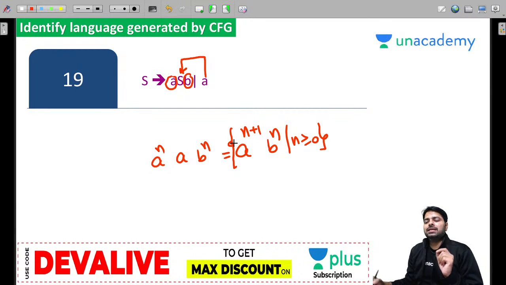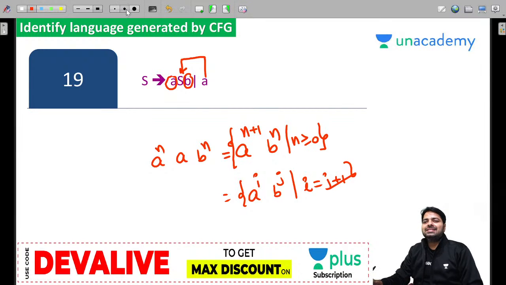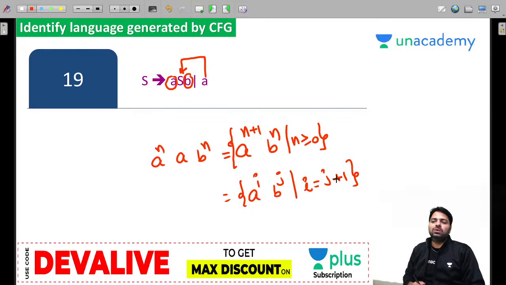Remember, there is one extra A compared to B's. You can say it another way, like A power i, B power j, where i is equal to j plus 1. Don't confuse, guys, it's the same, where i and j are greater than or equal to 0. Clear this point? Yes. Let's move on.